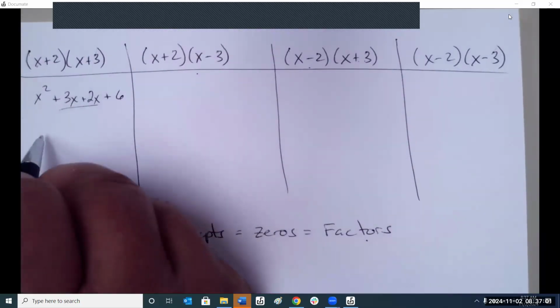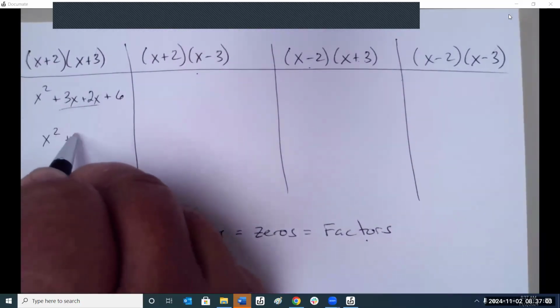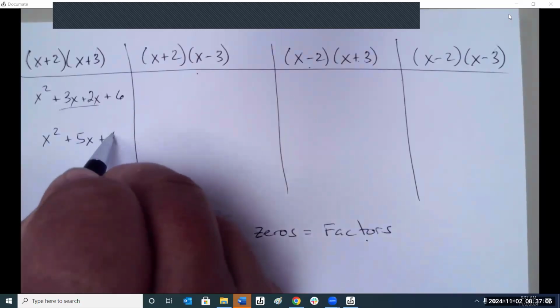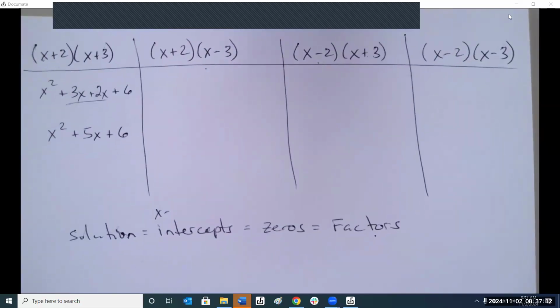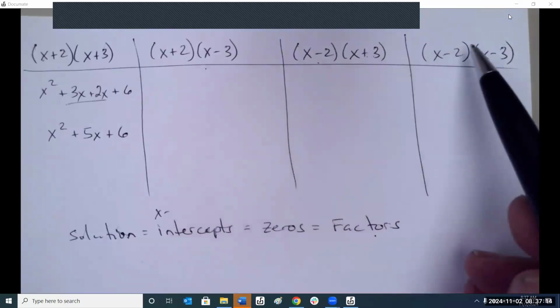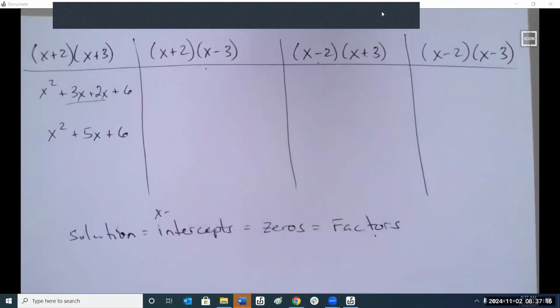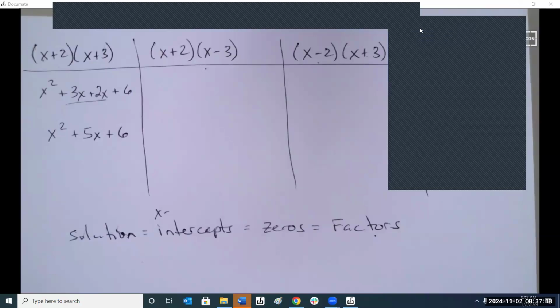Combine like terms, we have x squared plus 5x plus 6. So do the same with these last three. I'll pause it. All right.